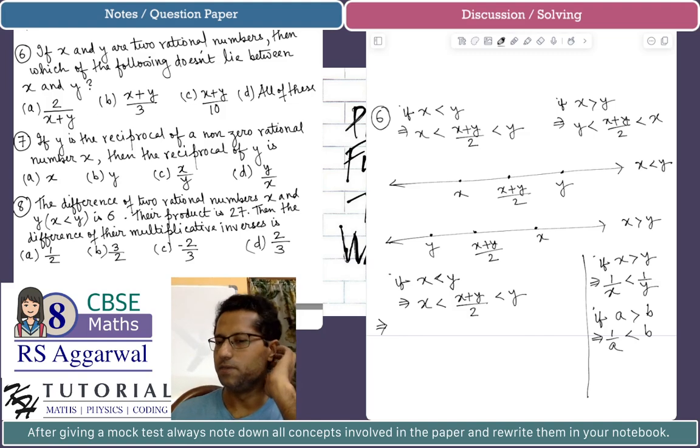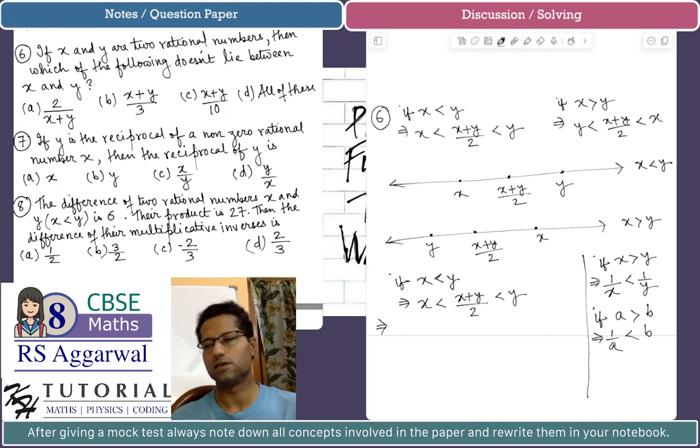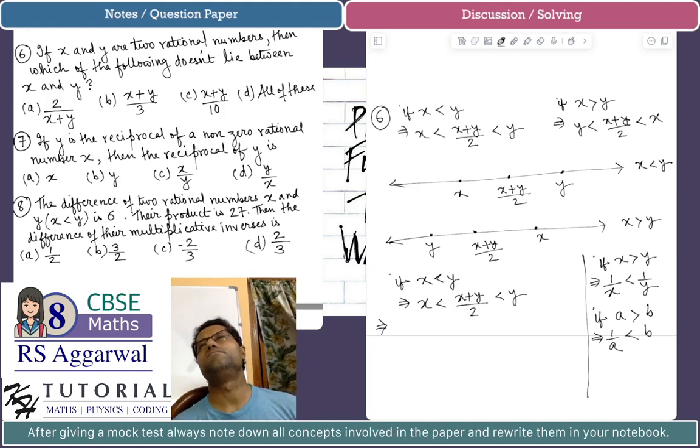If a is greater than b for two non-zero rational numbers a and b, then if you take the reciprocal of a, can we say it will be less than b? Is it always true for any non-zero rational numbers a and b?